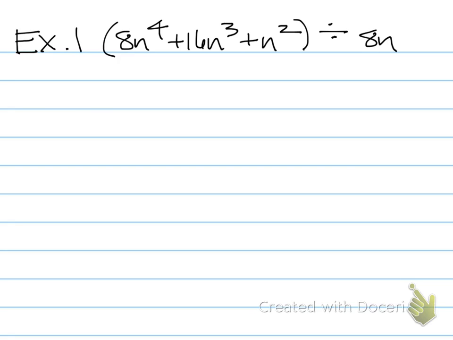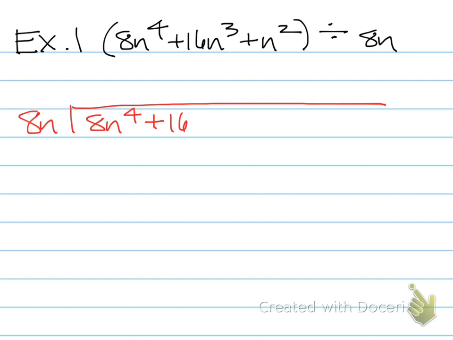All right, so we want to divide this polynomial by 8n. So we're going to use long division. As you can see, all the exponents are in descending order, so we do not need to add any placeholders.